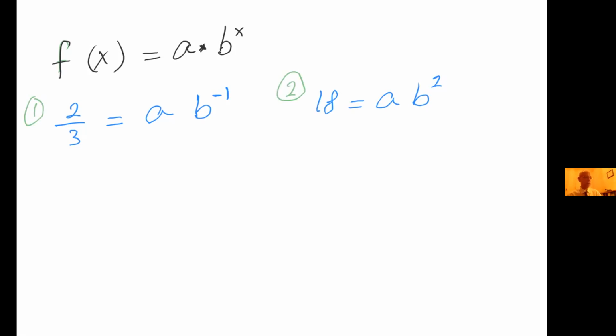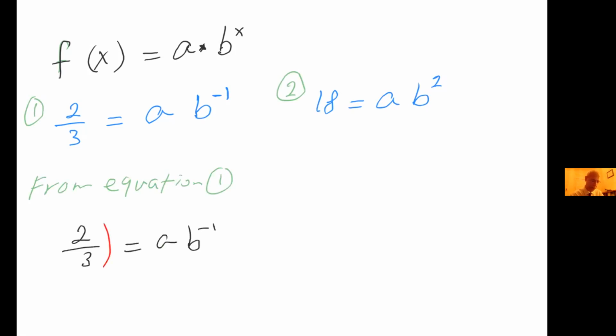From equation 1, 2/3 equals a b to the -1. If I multiply both sides of this equation by b, on the left-hand side I will have 2/3 of b equals b times a b to the -1.